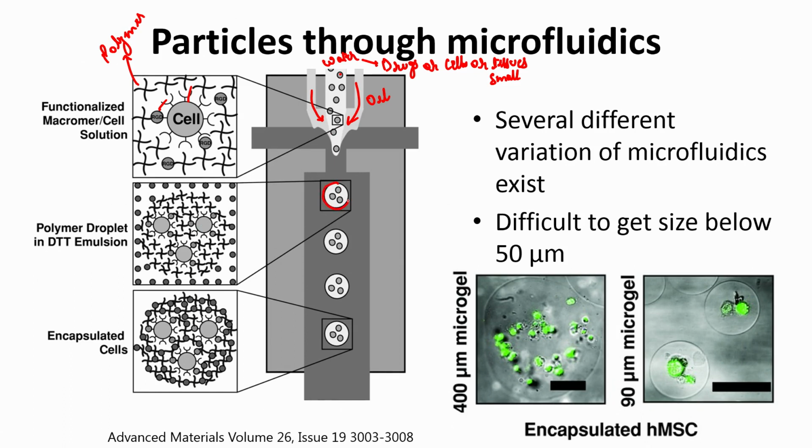So, essentially a very similar concept to the double emulsion, this is also an emulsion, but with single droplets at a time. So, this is oil, inner is your water, and then further you have your drug, could be either small molecules or could be cells, and then as the time goes on this polymer starts to polymerize.